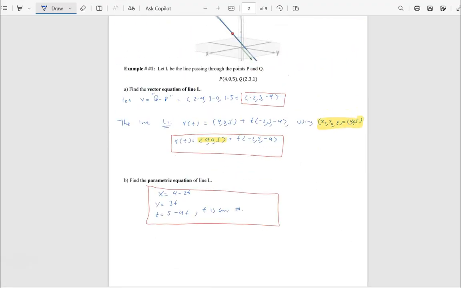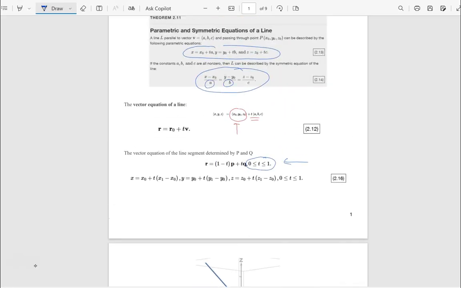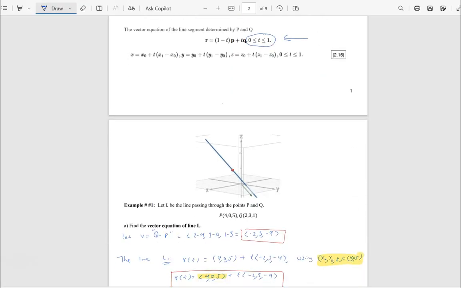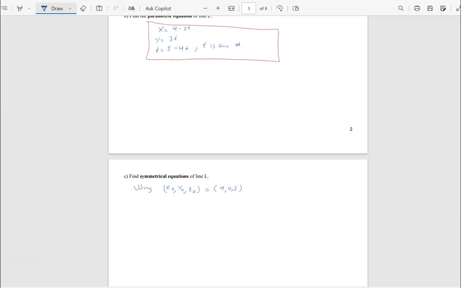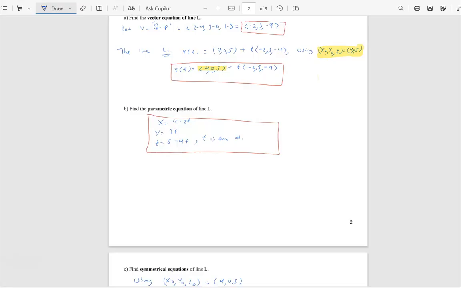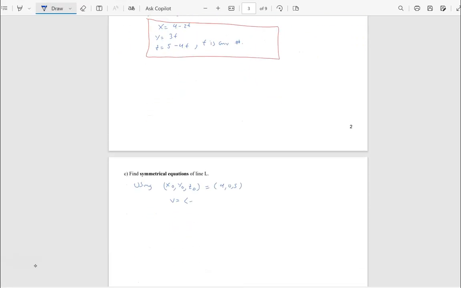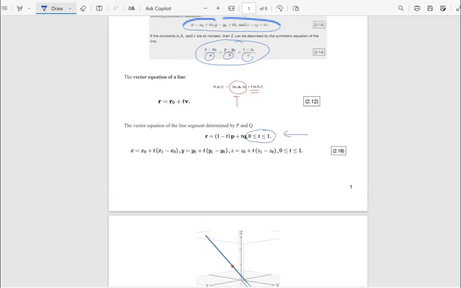And then the vector, since we're going to be expressing it as a, b, c: the vector V we ended up with is -2, 3, and -4. For the symmetrical equation, you're rewriting it in this form.